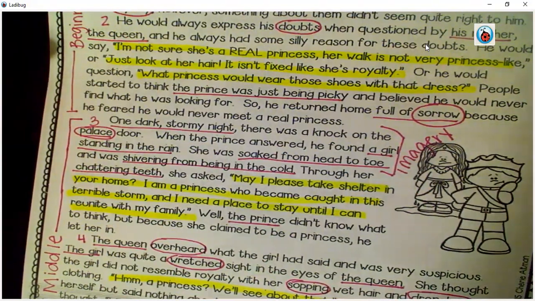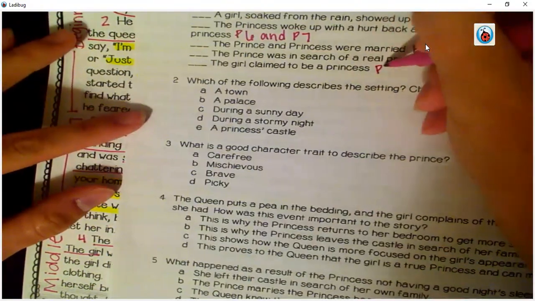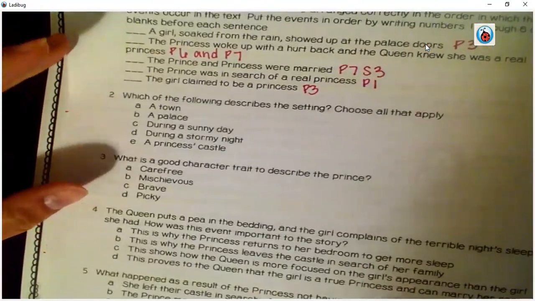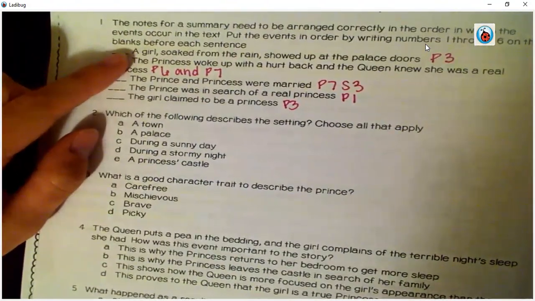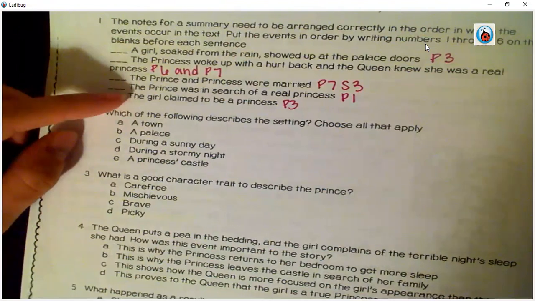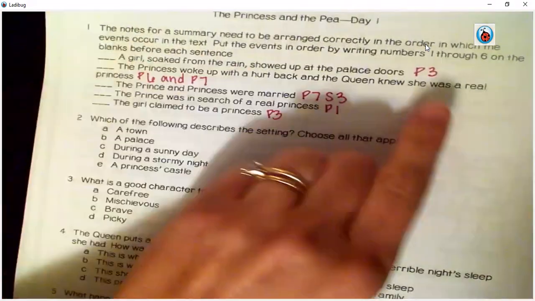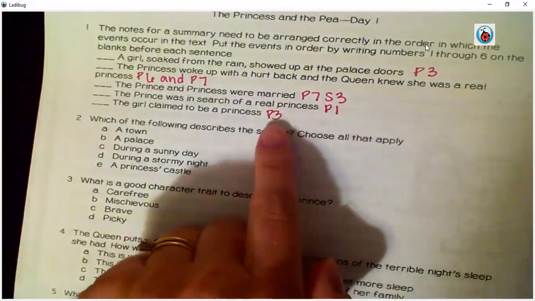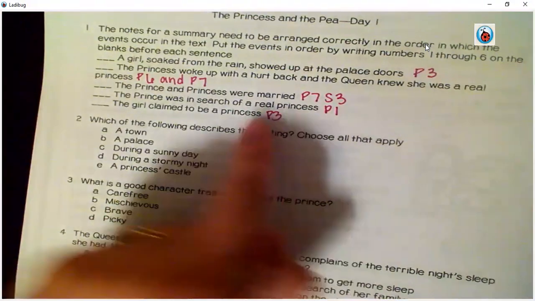So that tells me paragraph 3, but I have 2 events here that happened in paragraph 3. A girl soaked from the rain showed up at the palace doors, and the girl claimed to be a real princess. So I need to write the sentences next to these paragraph 3 sentences so I know which one came first. Let's do that now.